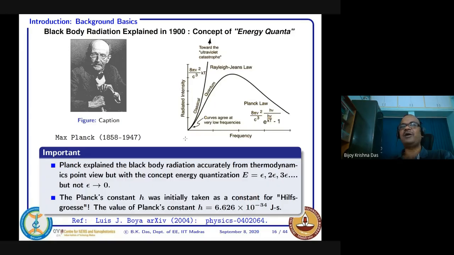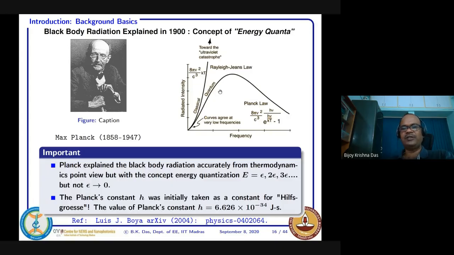This is an experimental phenomenon. Then as physicists, many people tried to explain why it is happening from a physics point of view. There were many efforts. One effort is what I have just shown here, the Rayleigh-Jeans law, which uses classical thermodynamical phenomena.